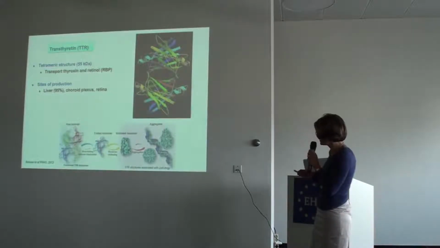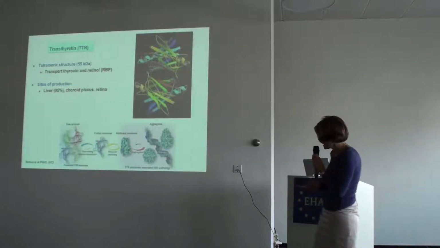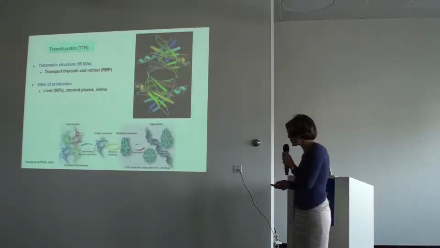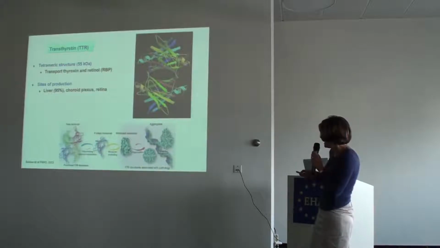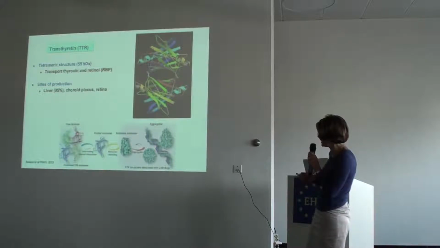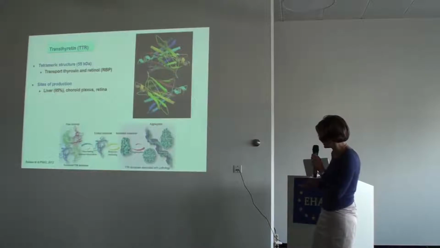So what is this protein? It's a fairly small protein, 55 kilodalton, and it has a tetrameric structure with this dimeric structure here. In fact, its functional role is rather low in humans, and it handles transport of thyroxine and retinol binding protein. There are two sites binding the thyroxine in the center part of the tetramer, and the retinol binding protein is bound on the lateral face of the tetramer.